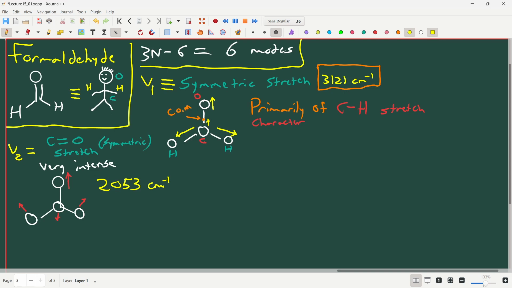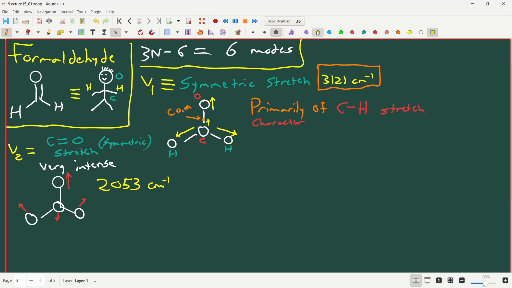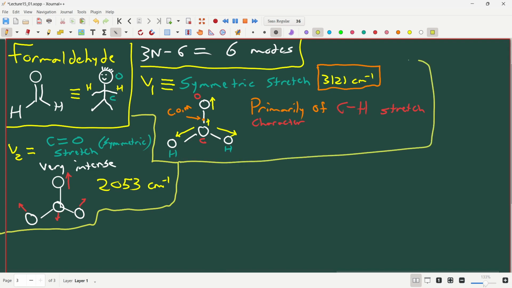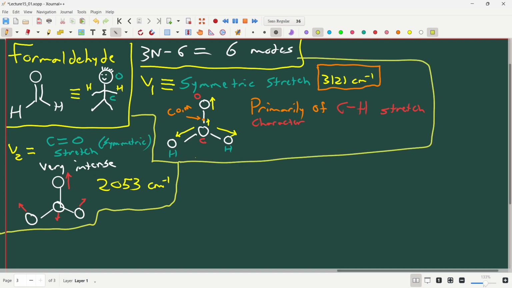All right. The next set of modes, we start to go down into a different class of motions. All right, so these are the stretches, and we're going to start to get into things where things start to bend. Let me just kind of demarcate these a little bit. All right, so let's do Nu 3.